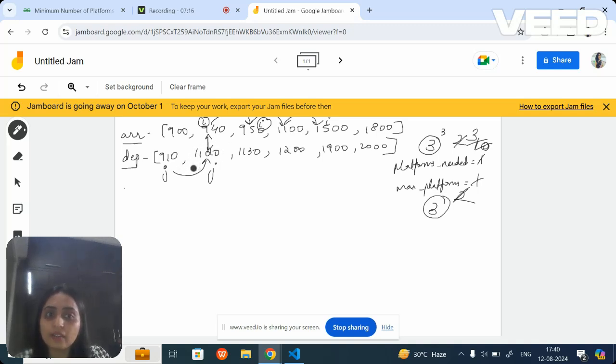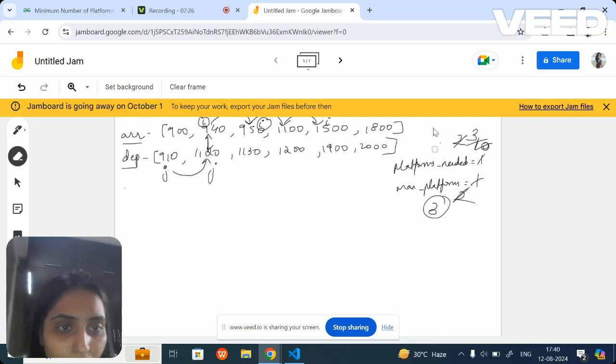So do I need any platform? No. When I don't need any platform, what do I do? So now it is 3, right? I will decrease 1 and make it 2, because now I don't need any platform. And what is the maximum between 2 and 3? 3.